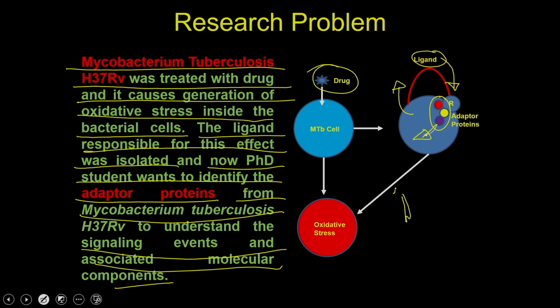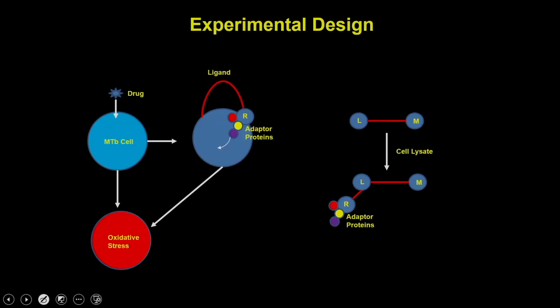So, what the student wants is to identify these adapter proteins, and if you remember, we have used some techniques where you can answer these questions. In the technique we have discussed, you can simply make a column where you put the ligands onto the matrix, and these are used as a scaffolding protein.